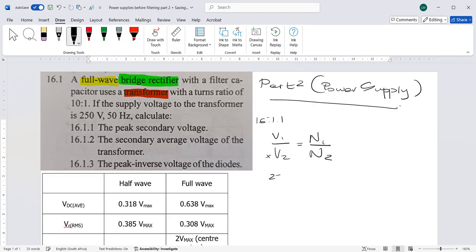Yes, V1 is 250 over V2, which is equal to 10 divided by 1. Therefore V2 equals 250 times 1 over 10, which ultimately becomes what?